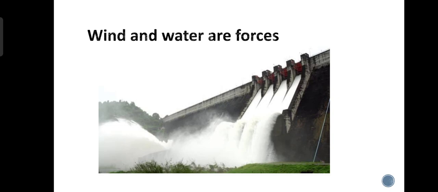When water falls from height, it runs the turbine, and those turbines help to produce electricity. So the force of falling water can be used to make electricity, right?